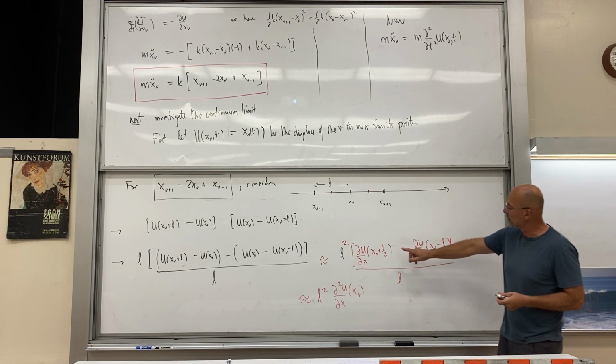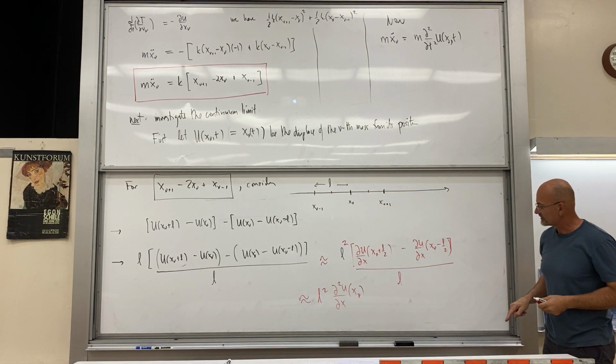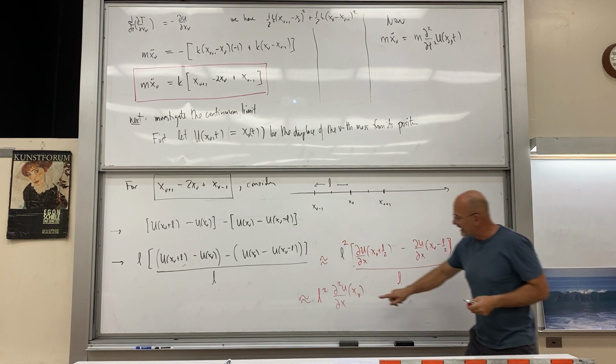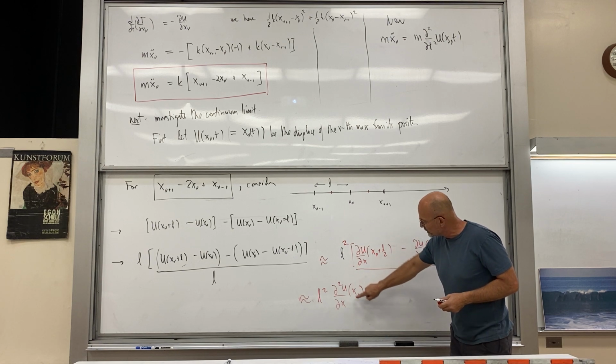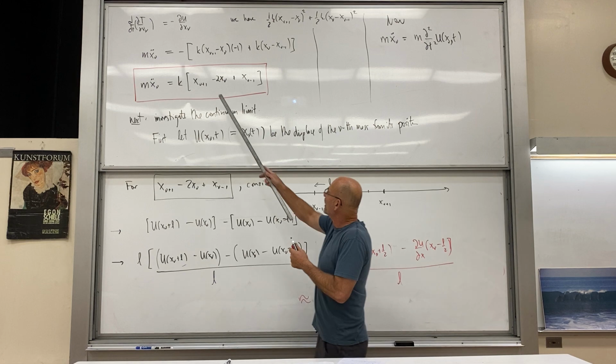Because now this is a difference quotient centered on the middle there. So I have L squared times a second partial derivative, and that's what this difference object means.